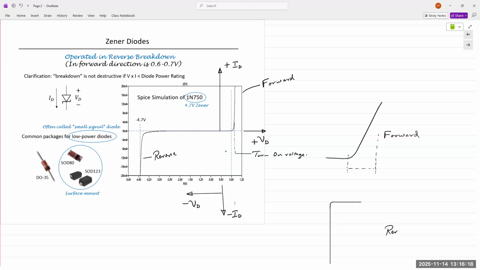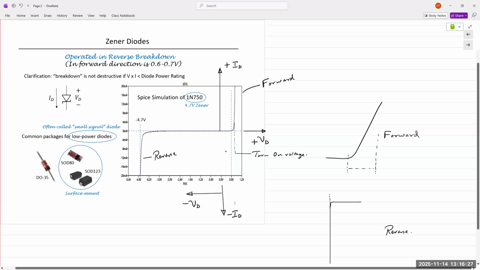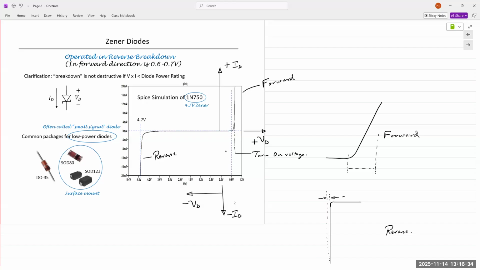It looks almost like this. Okay, and that's reverse. And the slope is far steeper. It's almost constant. So the voltage remains near constant. Okay, once the junction breaks down in reverse bias. This is true of any diode.